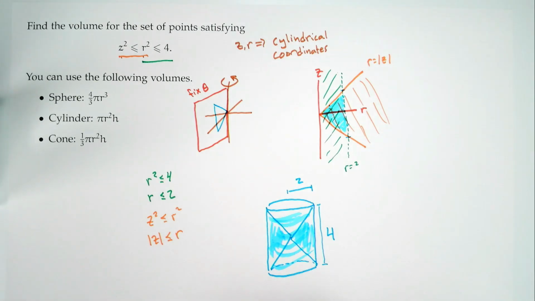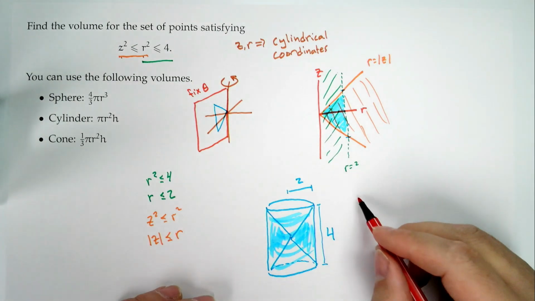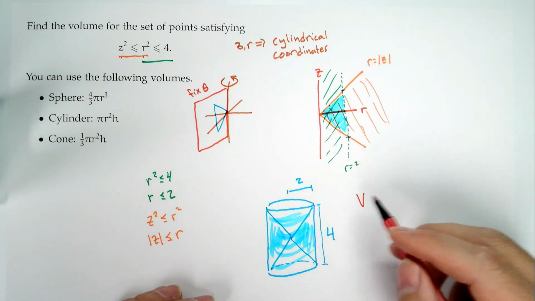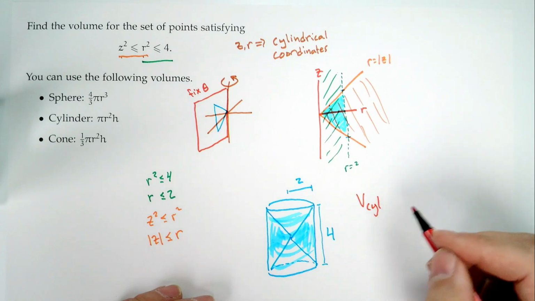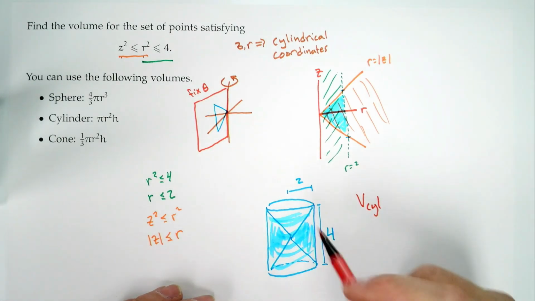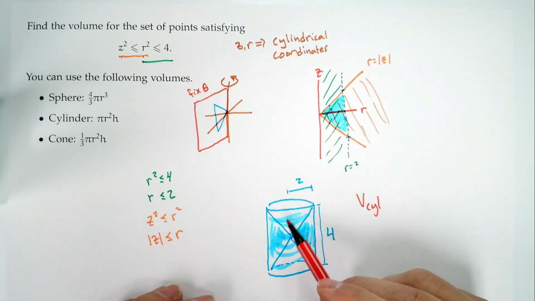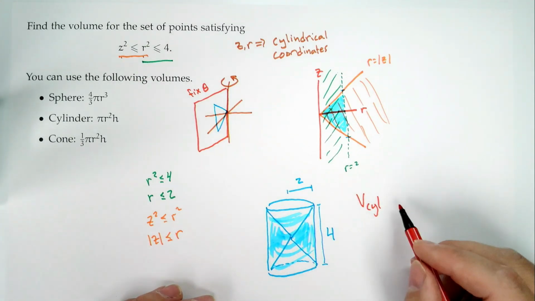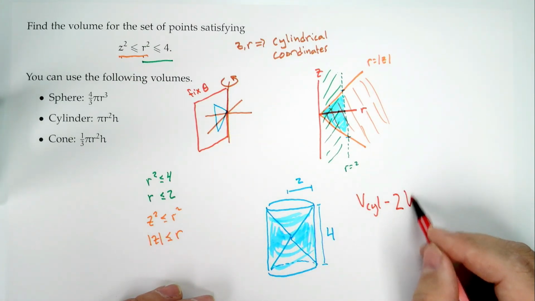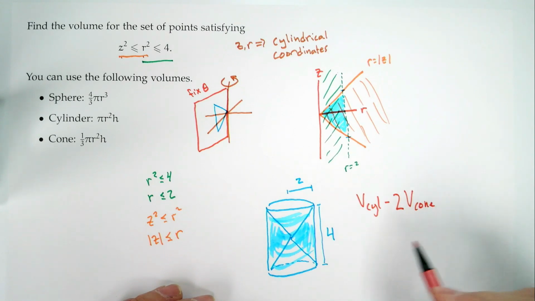So to find the volume, we'll take the volume of the cylinder. That's going to be height of 4, radius of 2. And then we're going to subtract off the volume of the cones. Now the cones are actually the same shape, so I can subtract off 2 of the volumes of just one of them.